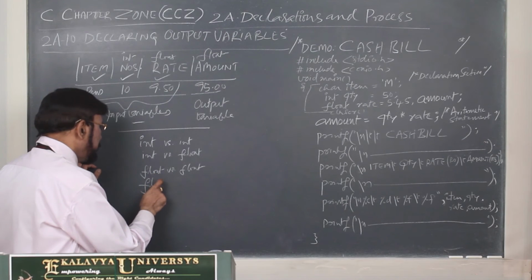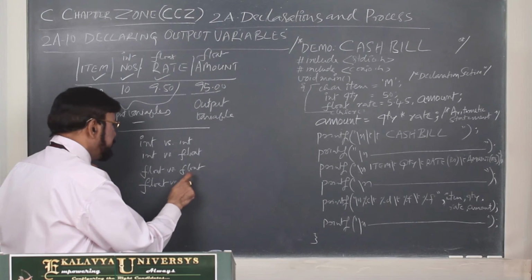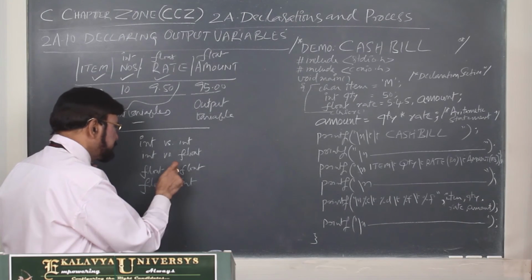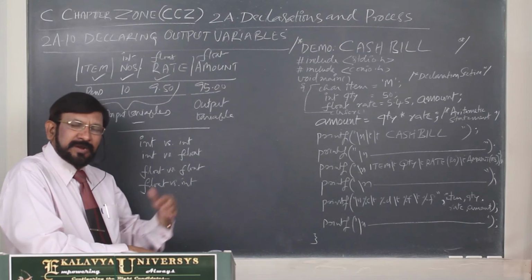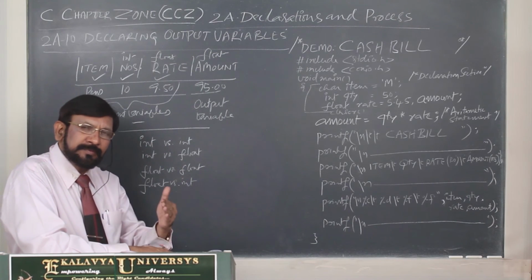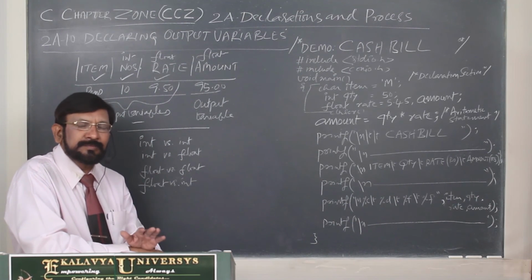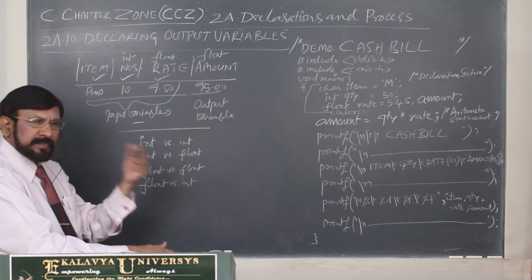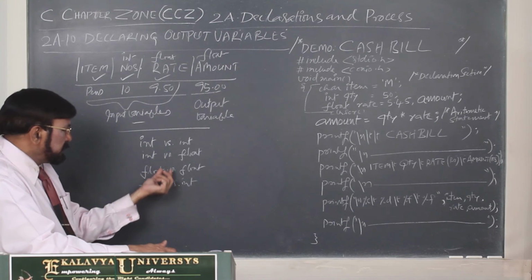Float versus int, another combination. Why I am writing versus instead of writing arithmetical operation: it may be any operation. It may be plus, minus, division, or multiplication. That's why, in order to represent an arithmetical operation, I am simply writing versus.